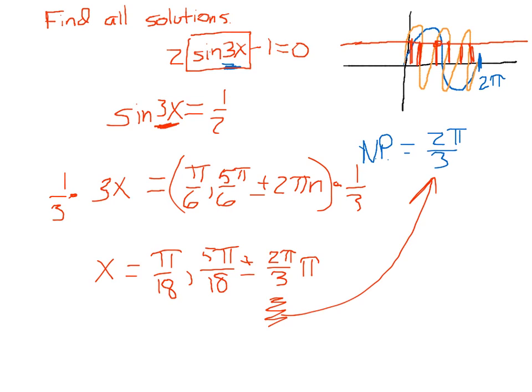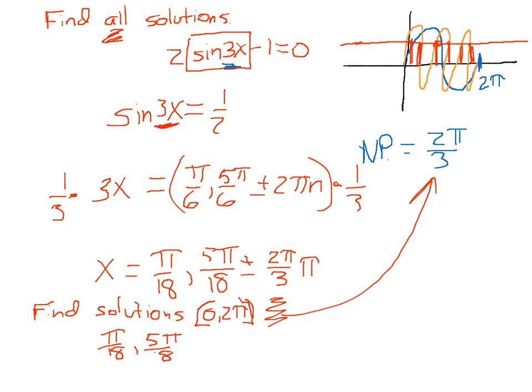Now, one of the things we might be concerned with: this particular one asks you to find all solutions. Sometimes they say find solutions, and they'll give you an interval, 0 to 2 pi. So find all the solutions on that interval. Well, we know we're going to have 6 of them. Two of them are pi over 18 and 5 pi over 18.